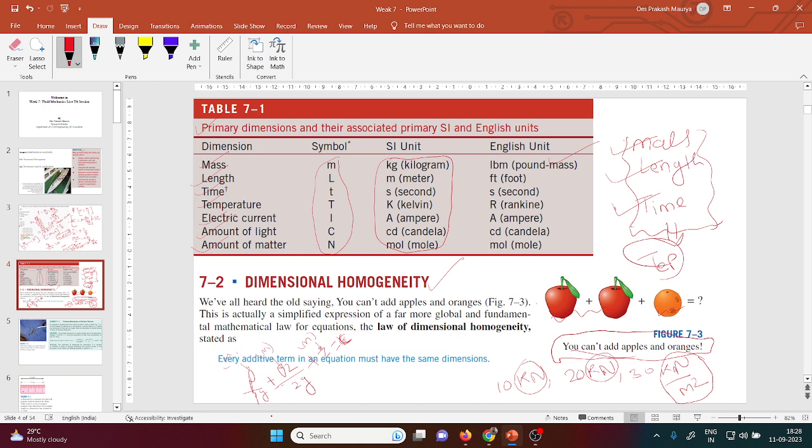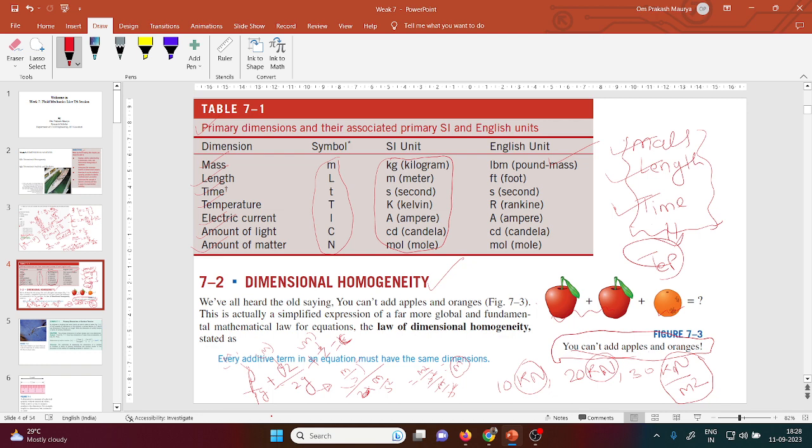Is it clear? Does it have the meter unit or not? V square means meter per second square, divided by 2g, where 2 is a constant, so the meaning here is meter per second square. So it is meter square divided by second square, divided by meter per second square. Second square is cancelled, one meter is cancelled, so the unit is meter.